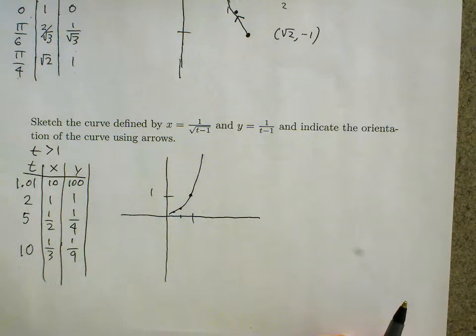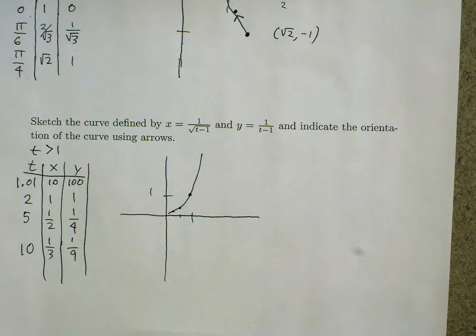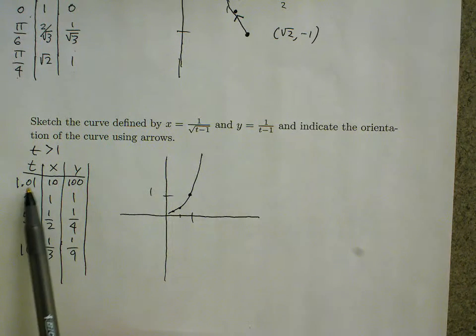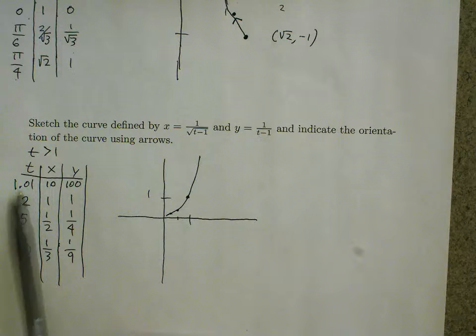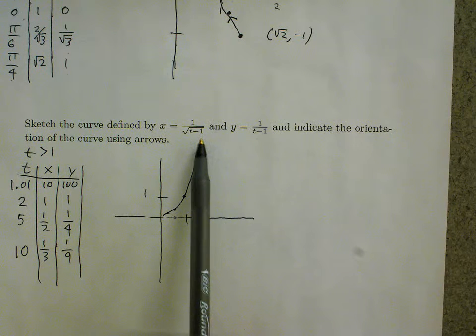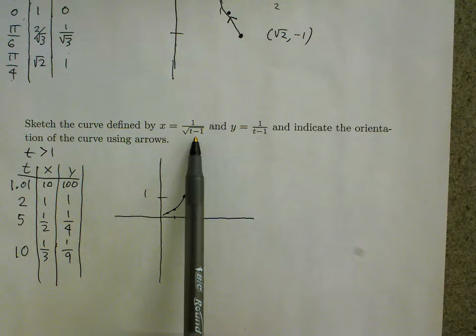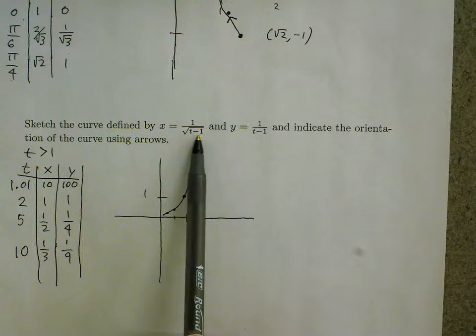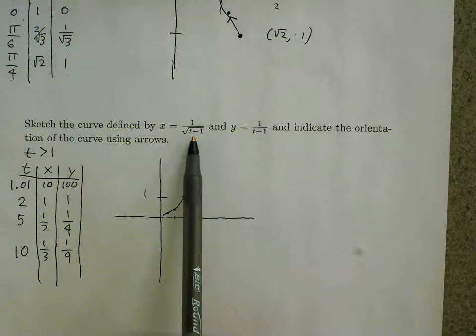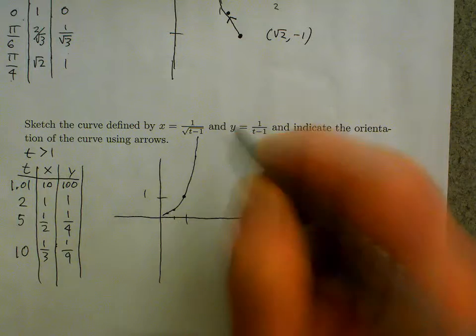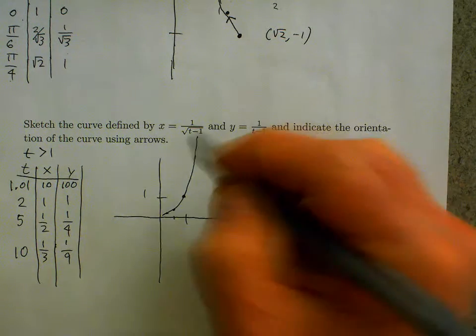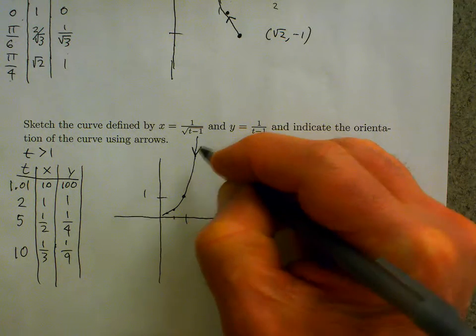What's the direction of the curve? We don't have an initial point because the t values can be made as close to 1 as we want from the right-hand side. So there's no initial point. It's way up there, but the direction of the curve is downward.